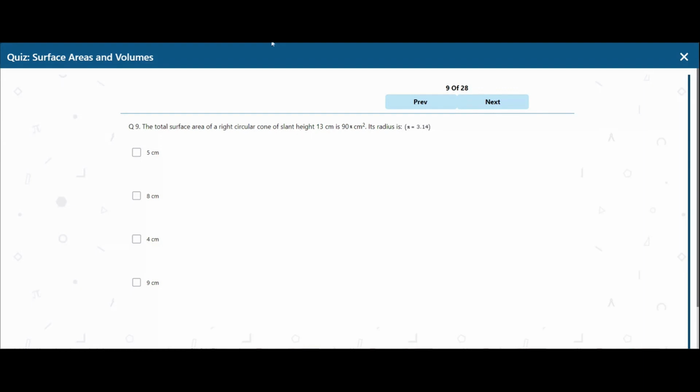Shall we do it on the whiteboard? Yes, ma'am. Ma'am, 5 centimeter. You got 5? Okay, let us check. See here, TSA, total surface area of cone, is pi r into r plus l.